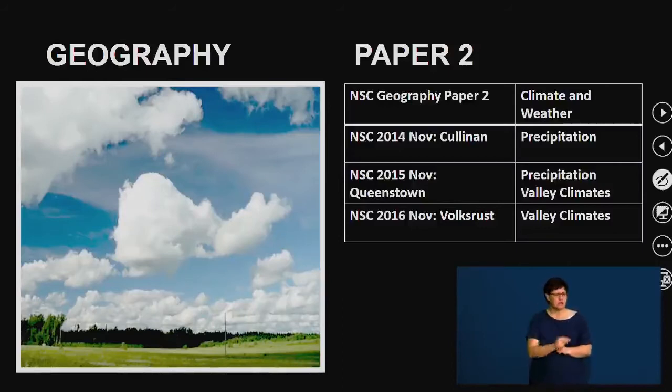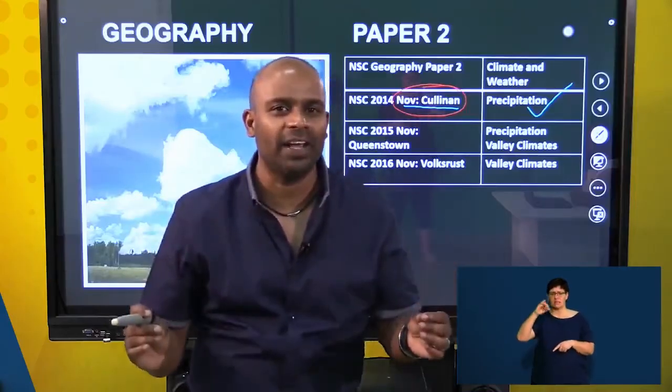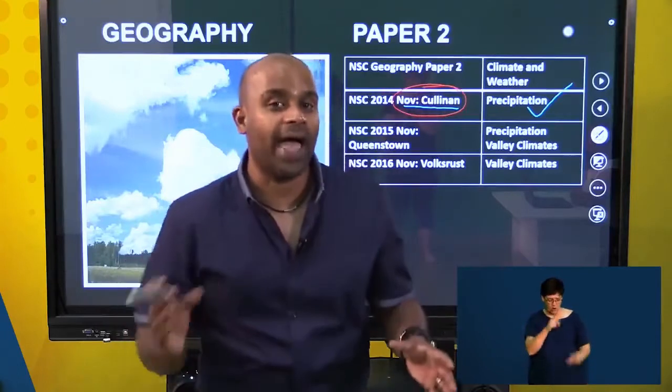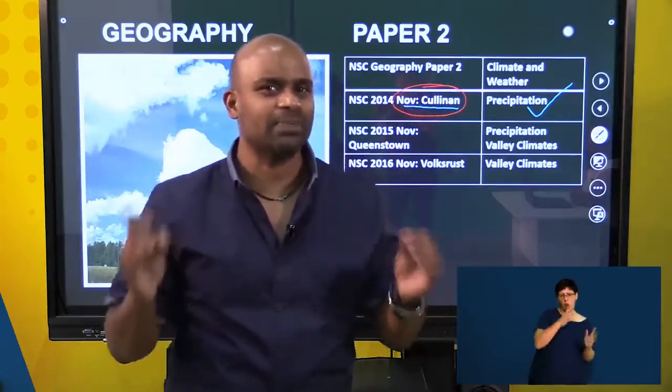In 2014, the examination was in Cullinan. I'm going to change the color so that you see this better. The map of Cullinan. And in that particular examination, precipitation was examined. What is this? Is this a high rainfall area, a seasonal or annual rainfall? What does this mean?